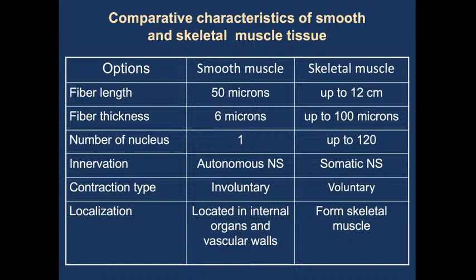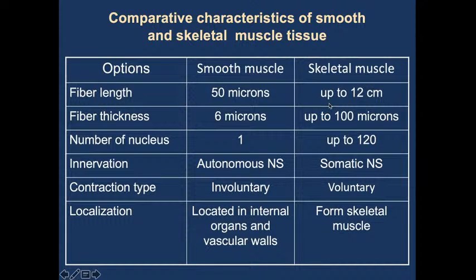The next table shows us comparative characteristics of smooth and skeletal muscle tissue. And you see that in comparison with skeletal muscles, smooth muscle fiber length is only 50 microns, but skeletal muscle fiber is usually up to 12 centimeters.